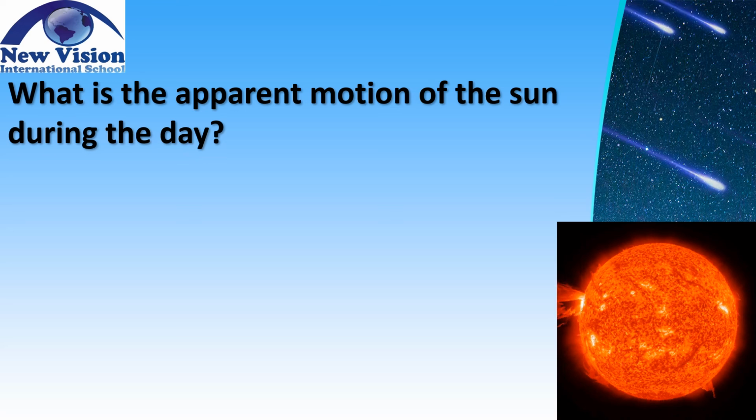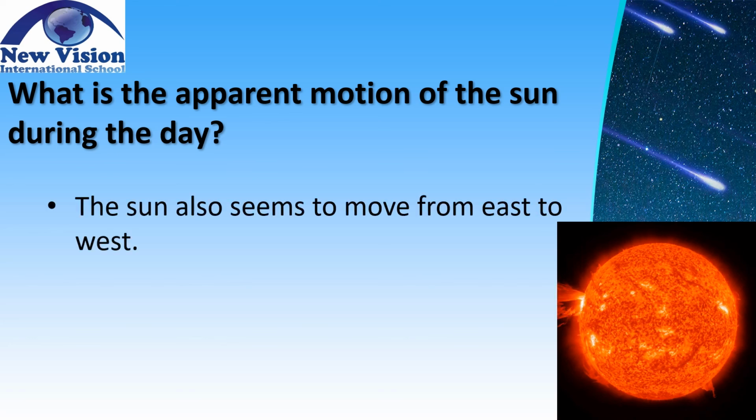Okay, I'll give you 5 seconds to answer this question. Time's up. The correct answer is the Sun also seems to move from east to west. Did you get the correct answer? Great.